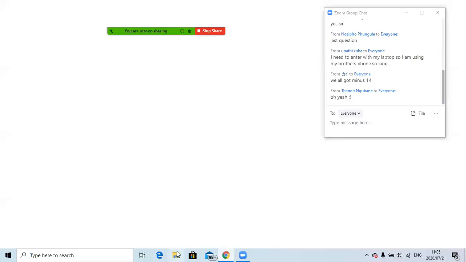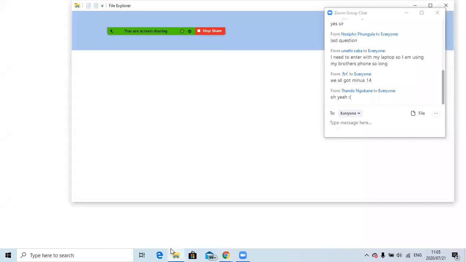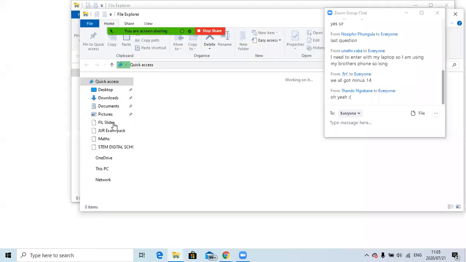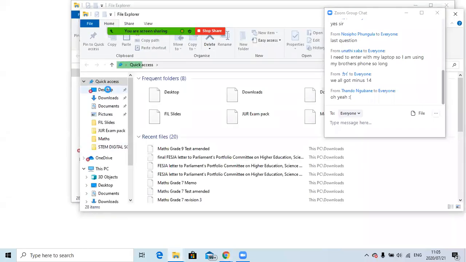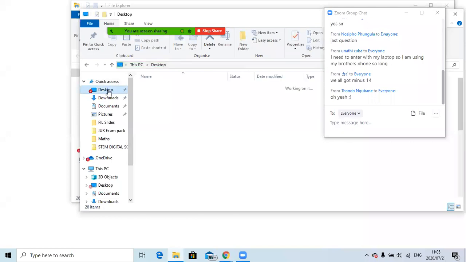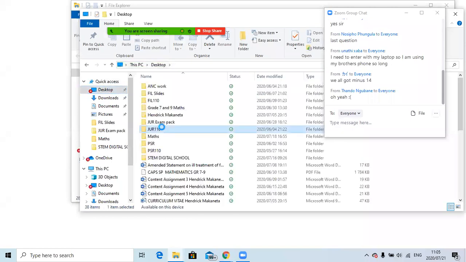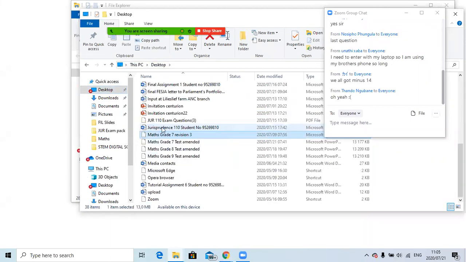I'm gonna have to zoom into the other. So basically what we'll be doing today is to look at the work, of course, mathematics being, yes, there we are.